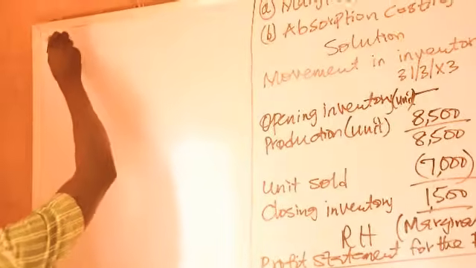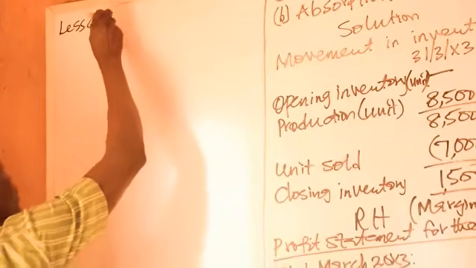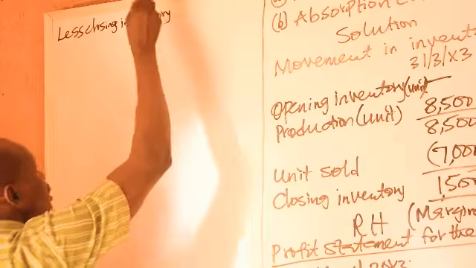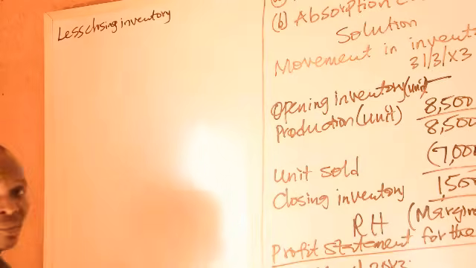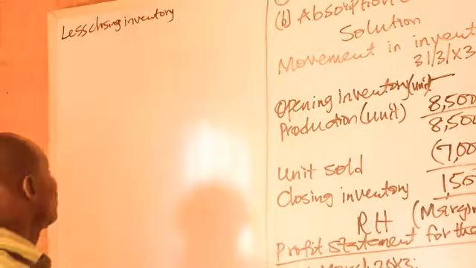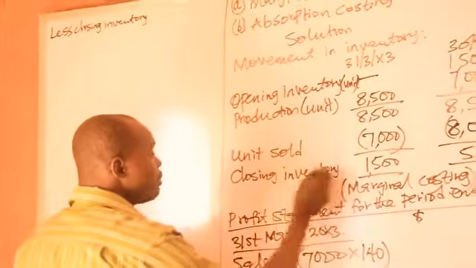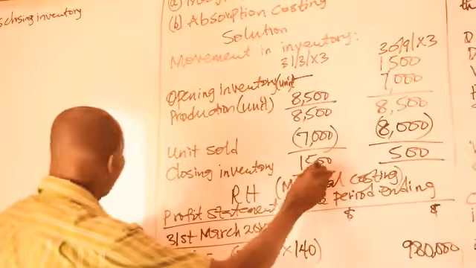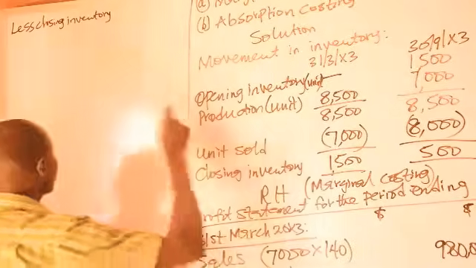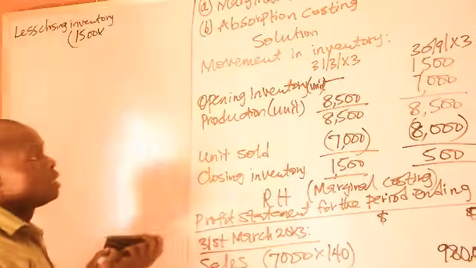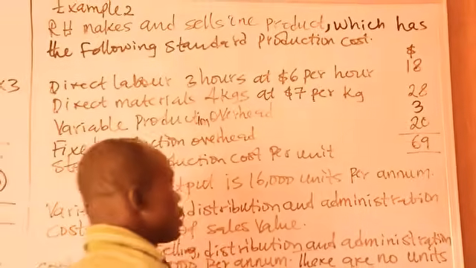Less closing inventory. I've told you that your inventory under the marginal costing principle will be valued at the variable production cost. The closing inventory in units is 1,500. Here, you have 1,500 times your variable production cost per unit. You go back to your costs.